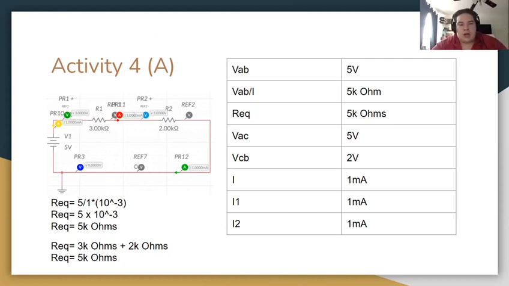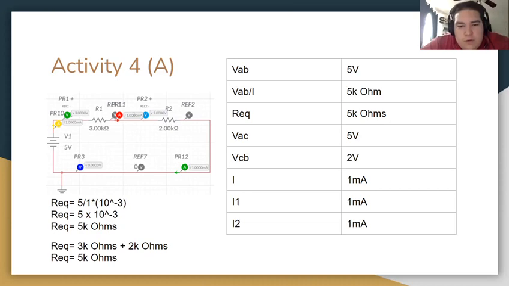In scenario A, the total voltage was 5 volts. The formula was basically the same as the total resistance. It was 5 over 1 milliamp, so both of those are 5K ohms.